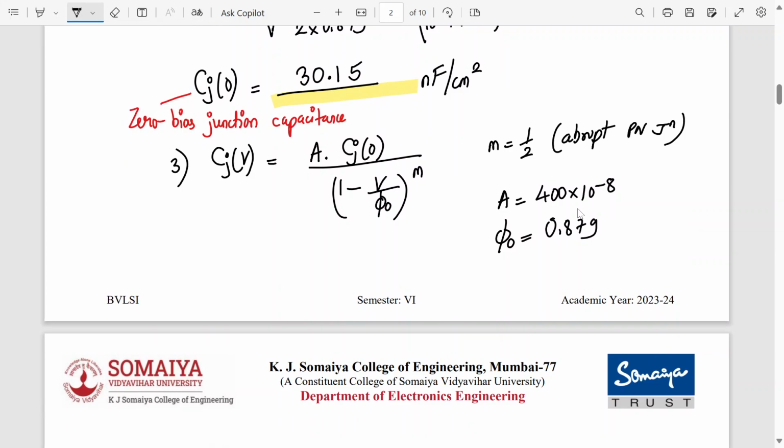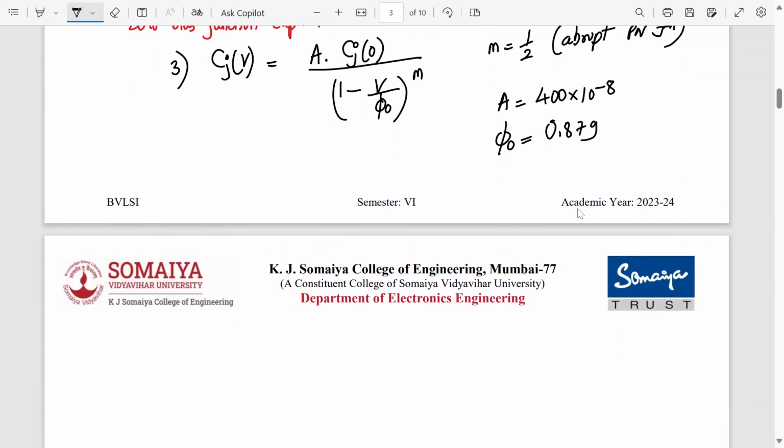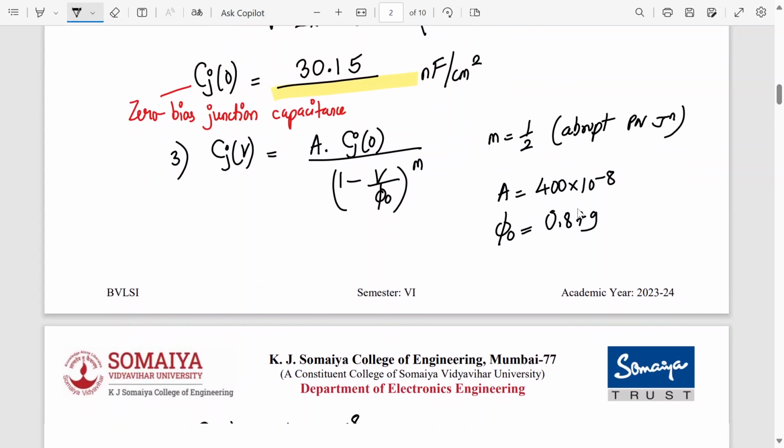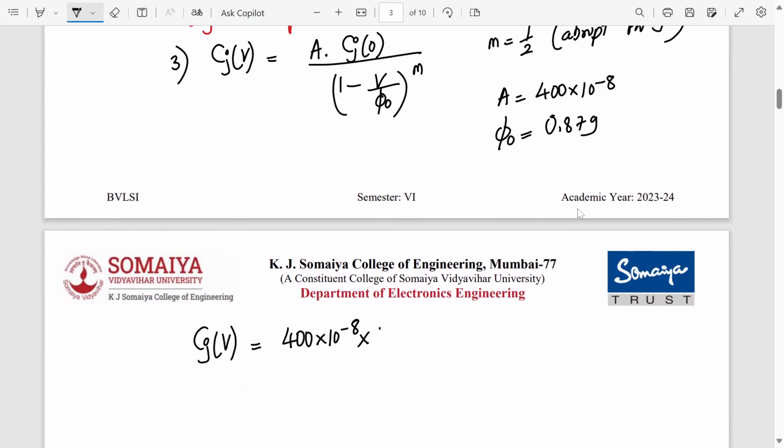And calculate the value. So I'll write it down. Cj of V will be area, which is 400 into 10 raised to minus 8, Cj0 we got as 30.15 nano, 10 raised to minus 9, and this will be 1 minus V, what is the voltage given? Minus 5, right?